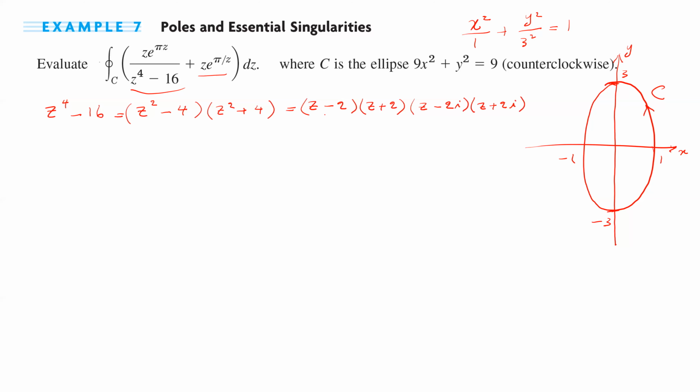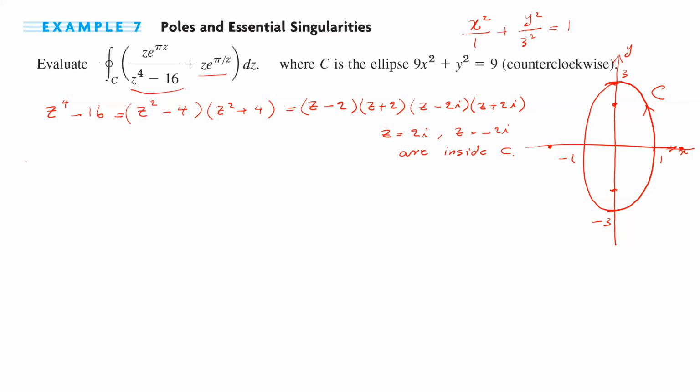So it has poles at 2 and negative 2 and 2i and negative 2i. You see, negative 2 is here, 2 is here, right? So these are outside, but 2i and negative 2i are inside. So z equal to 2i and z equal to negative 2i are inside C.